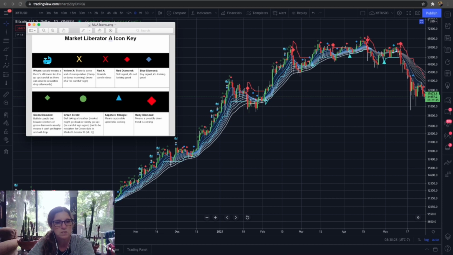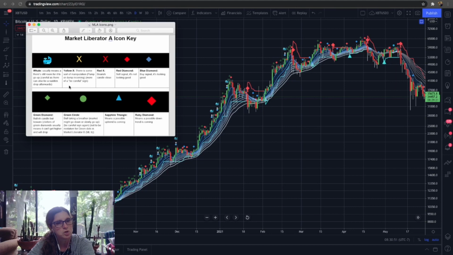As soon as this ribbon turned bright, you got the blue triangle. So you would have pretty much caught this whole uptrend if you would have stayed in it, because the trend didn't change till here.